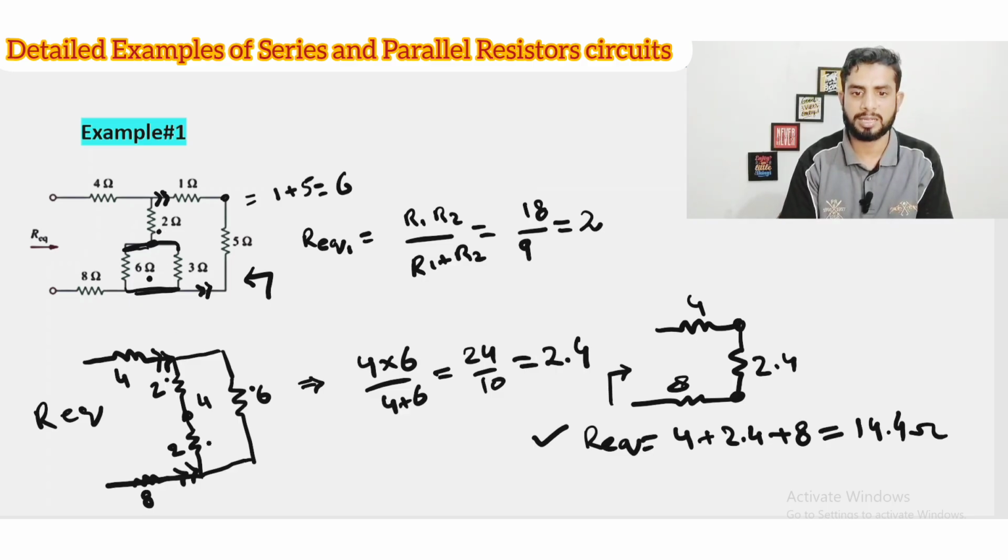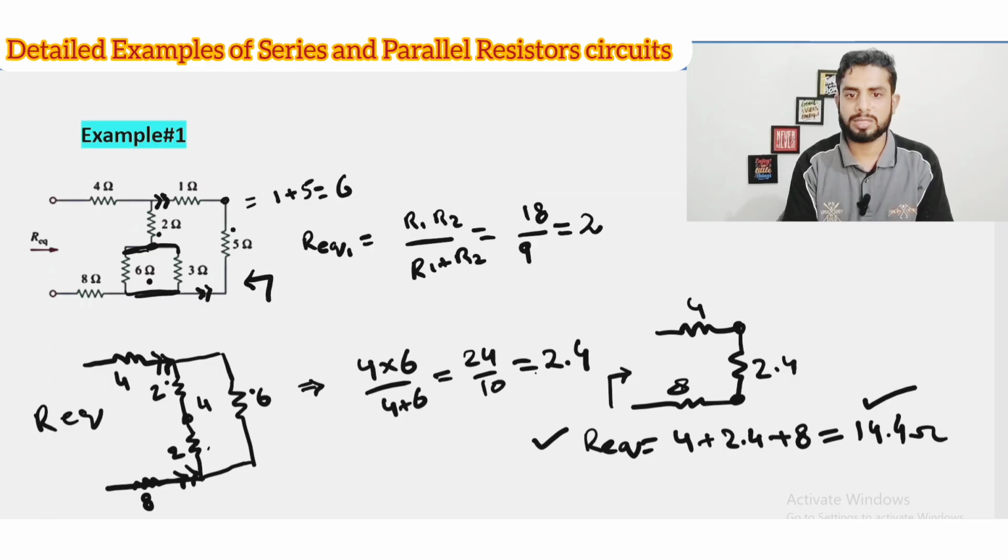This is connected here. 2 plus 2 is equal to 4. 4 in parallel with 6 gives 2.4. 2.4 is connected here. 4, 2.4 and 8 have a series connection. So the final resistance is 14.4 ohm. So this one example is summarized, and now go to example number 2.